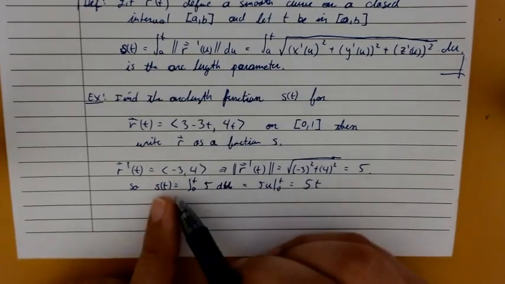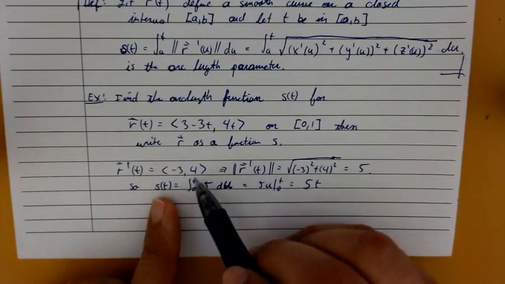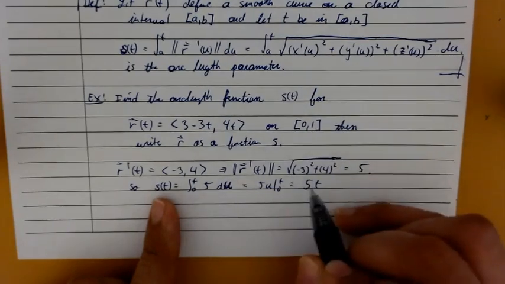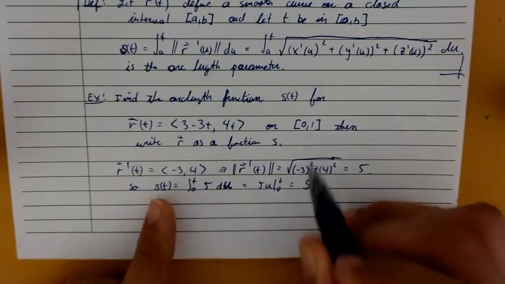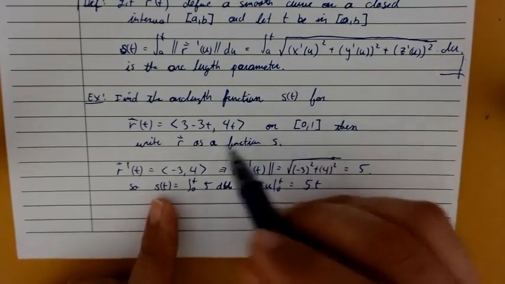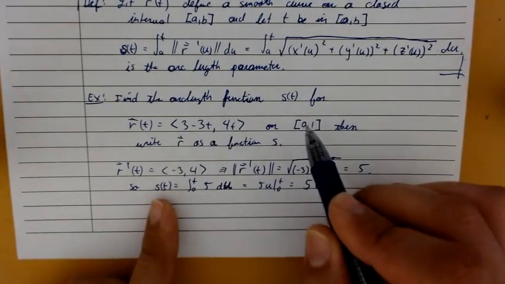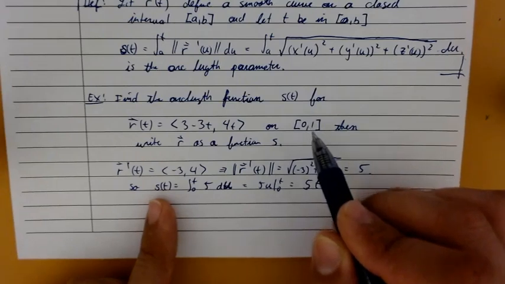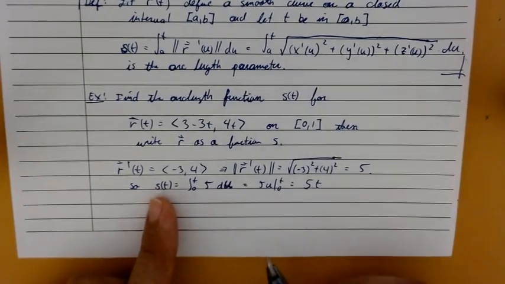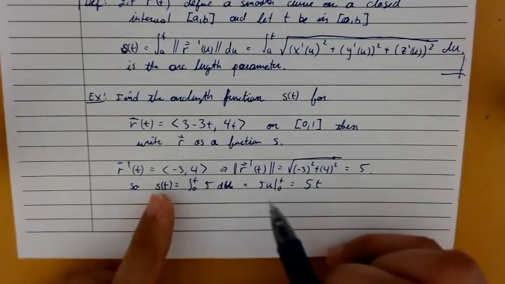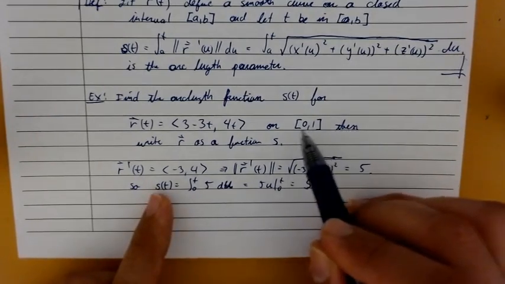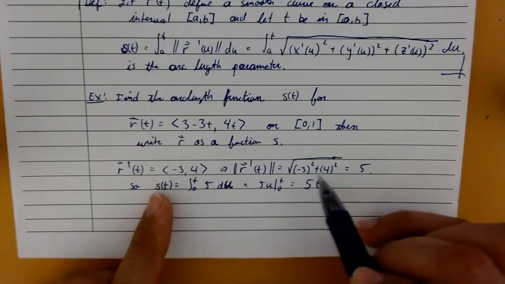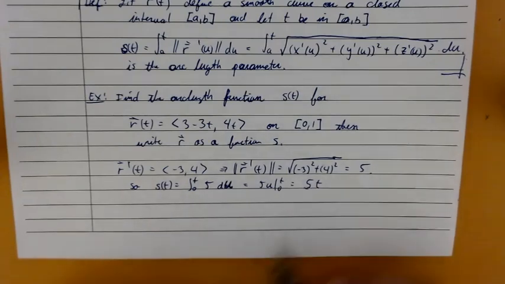So basically, as long as t is equal to whatever upper bound, that gives you the arc length. You want to find the arc length of this vector valued function from 0 to 0.73? Okay, well, 0.73 times 5. That's your arc length. This tells you, hey, you tell me how far along the interval you got, and I'll tell you what your arc length is. Just plugging it in right here.